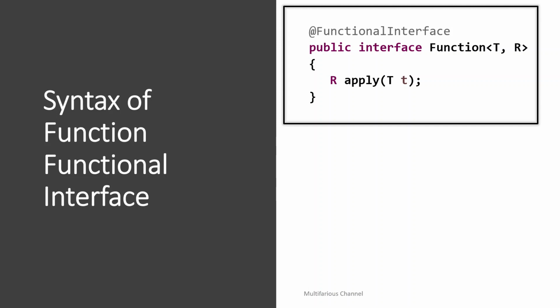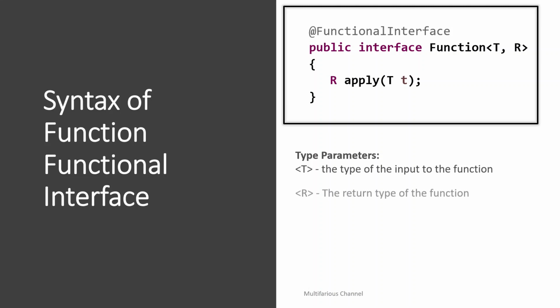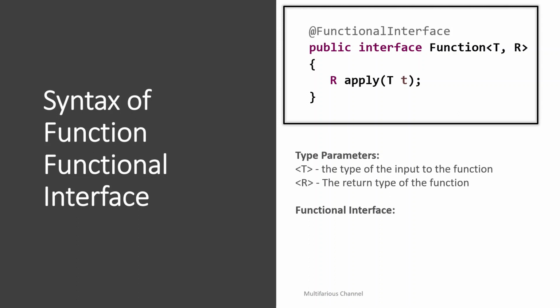So from its method signature, R apply(T), you can see that T is the type of input parameter to the function and R is the return type of this function. So here T is the type of input that this function takes and it returns a value of type R. Since this is a functional interface, we can use it as the assignment target for a lambda expression.